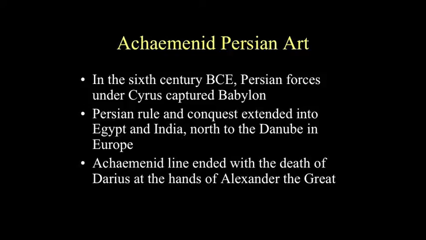So we also will be talking about these guys in relationship with the ancient Greeks. Of course, it was the Greeks who managed to put up a successful resistance against the Persians.